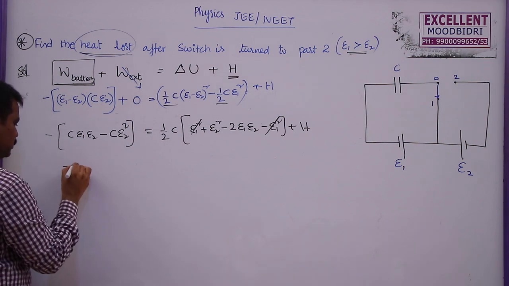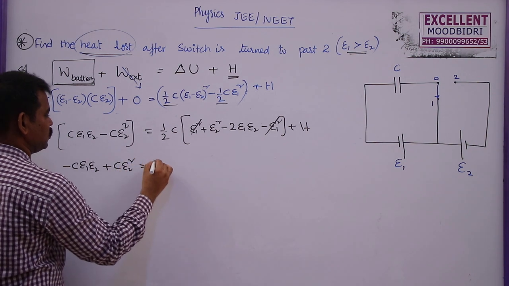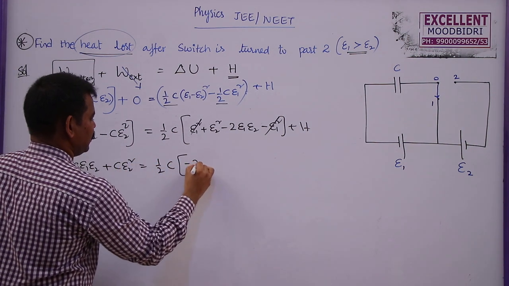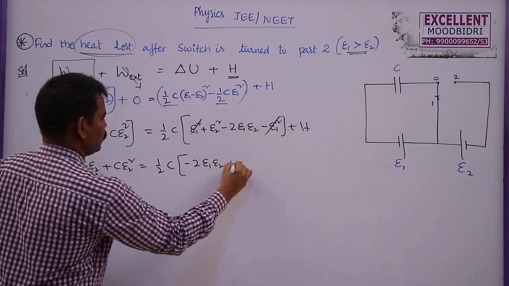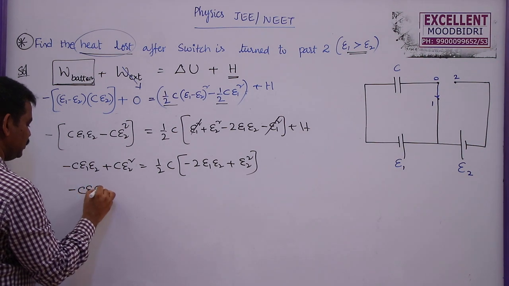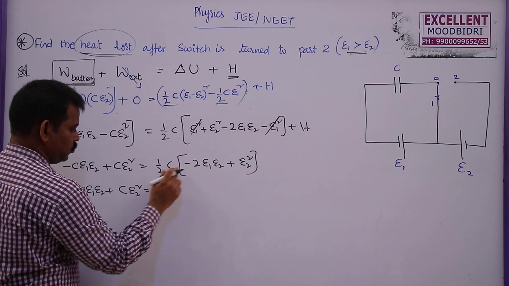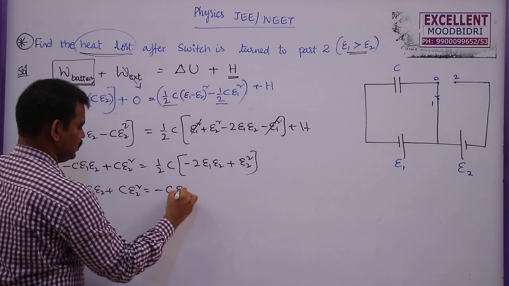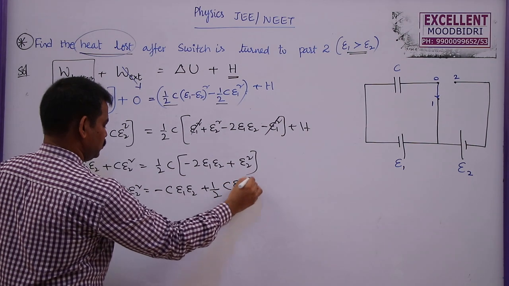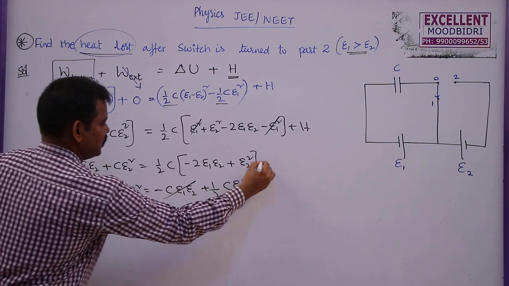Now you can write this as minus C E1 E2 plus C E2 square is equal to half C times minus 2 E1 E2 plus E2 square. The 2 gets cancelled. This will come minus C E1 E2 plus half C E2 square. You can cancel minus C E1 E2 on both sides, plus here H is there.